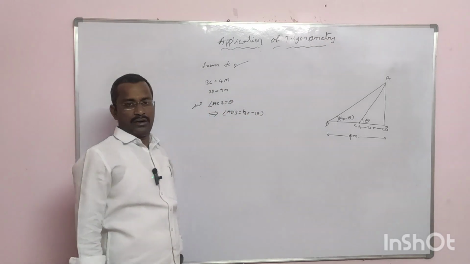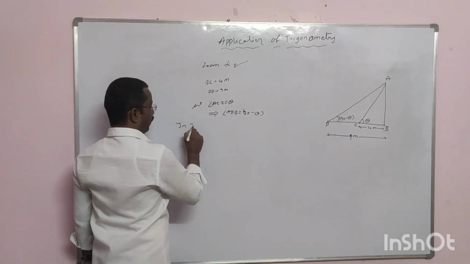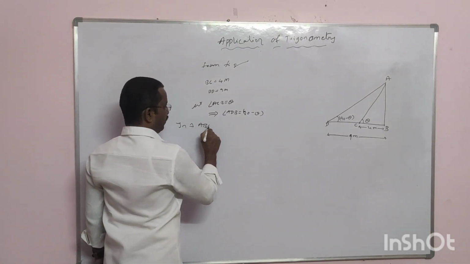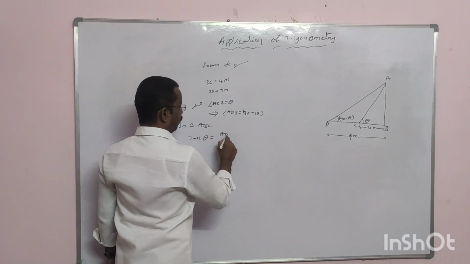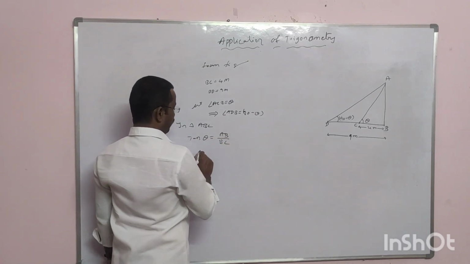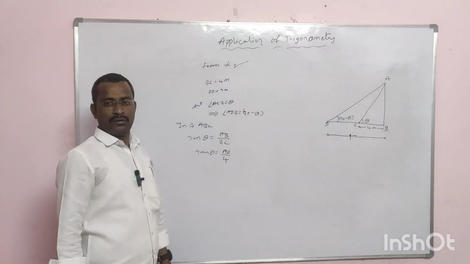First I am taking triangle ABC, using tan theta is equal to AB by BC. AB value is unknown, BC value is 4.